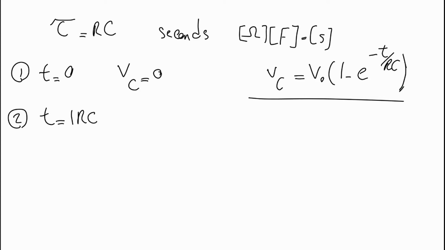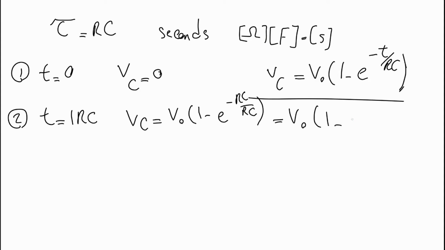So it would be, for example, V, the initial voltage, times 1 minus, and let us leave it like this, and we have something to show after that.